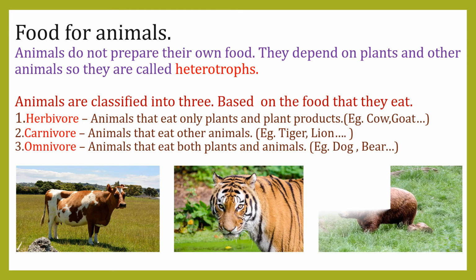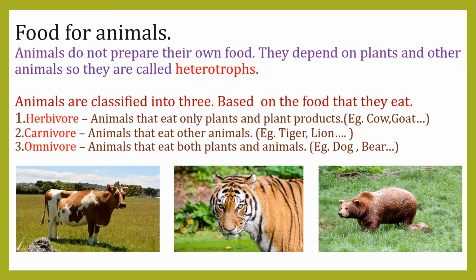Children, so far we saw about the plants and humans, how they eat, isn't it? Now, food for animals. Animals do not prepare their own food. They depend on the plants and the other animals. So they are called heterotrophs. Animals are classified into three based on the food that they eat.